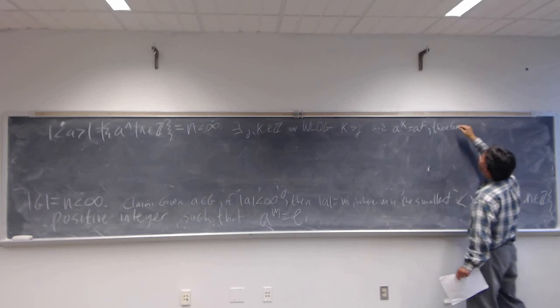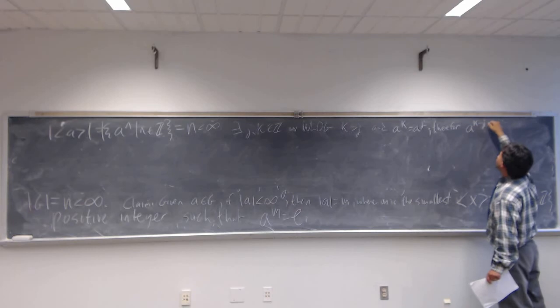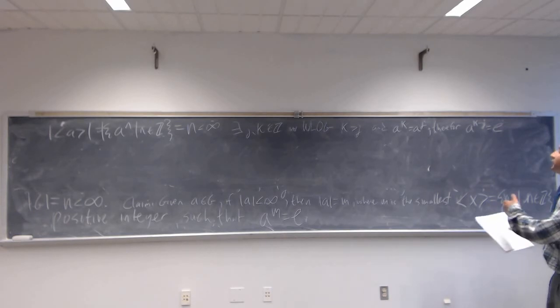So if we divide out by a to the j, or by properties of exponents multiply by a to the negative j, we would be left with the identity. Well, let's not say divide, let's multiply each side by the inverse of a, j times.